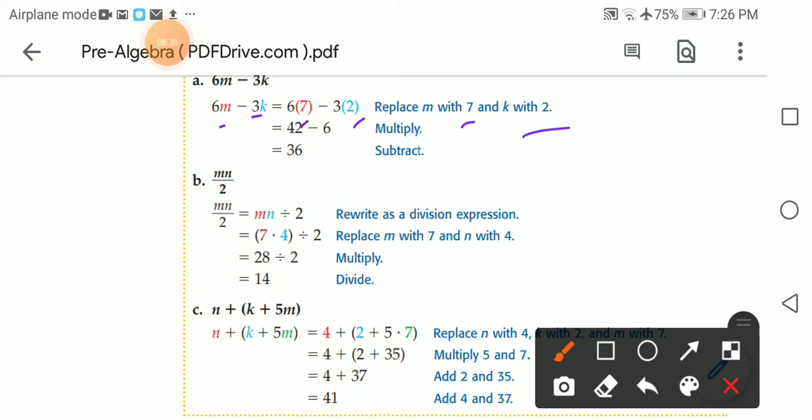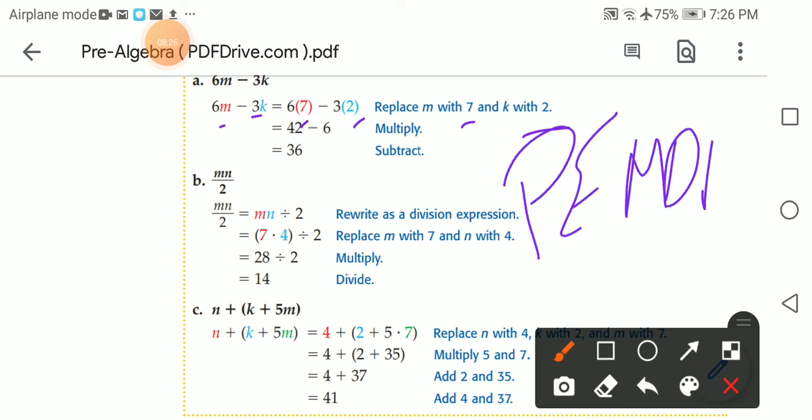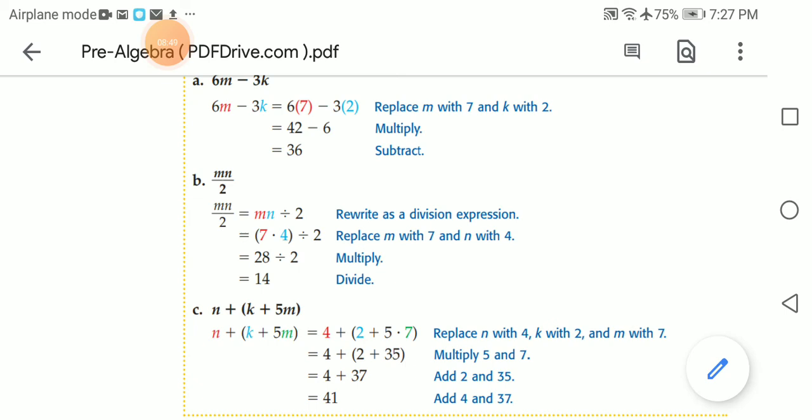Then what should I do? I multiply. Why multiply? PEMDAS. I have here the parentheses: 6 times 7 and 3 times 2, so 6 times 7 is 42, minus 6. Then do the subtraction easily.